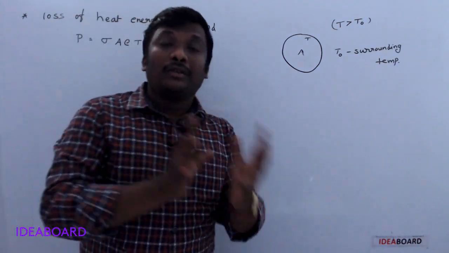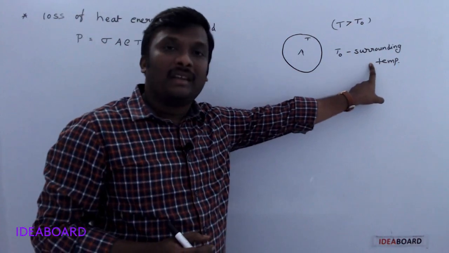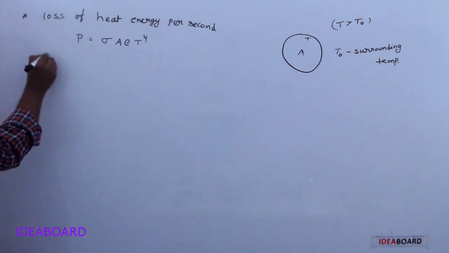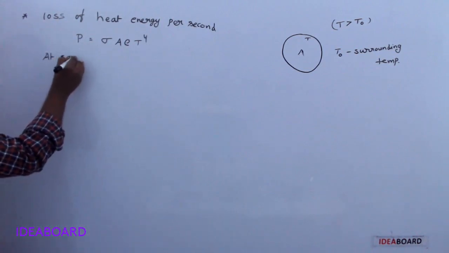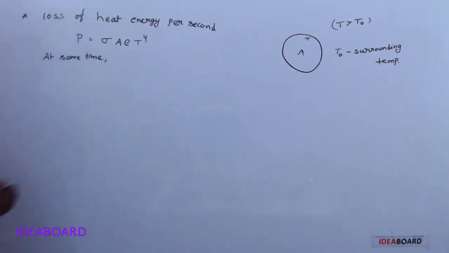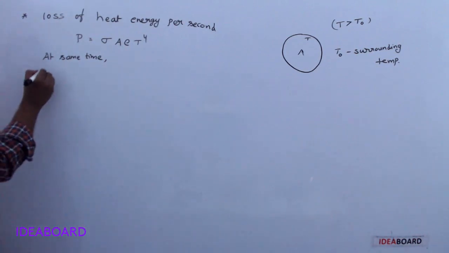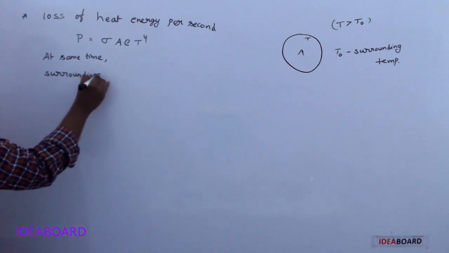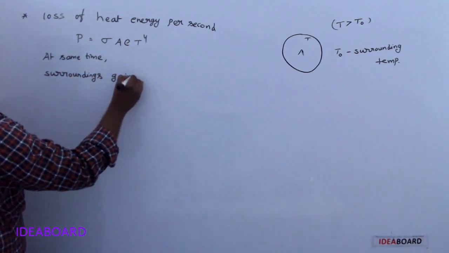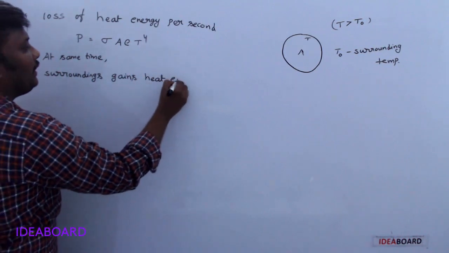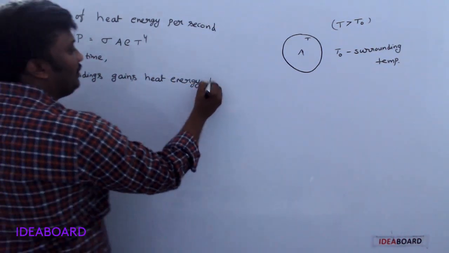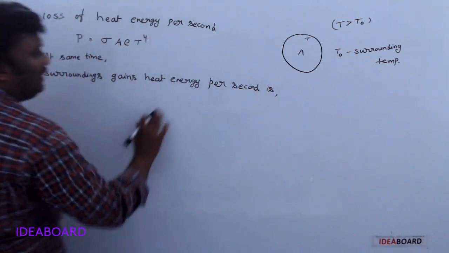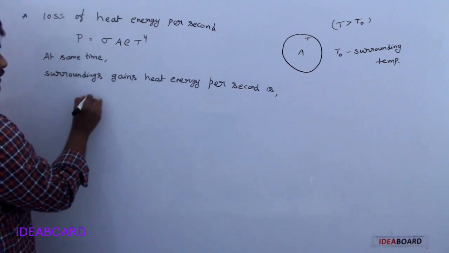Whenever it loses heat, at the same time the surroundings gain heat. So the heat energy gained by the surroundings per second, again energy per second, nothing but P here, is equal to sigma A e T naught power 4, since the surrounding temperature is T naught.